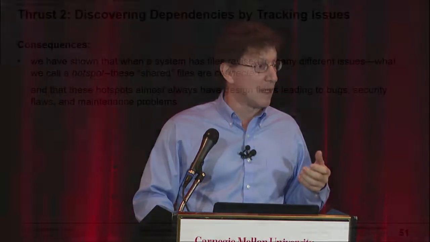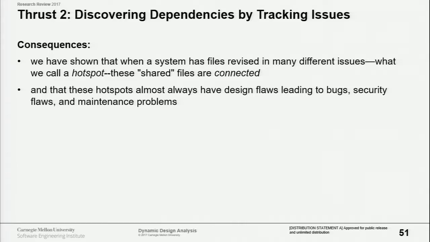They have structural flaws. And those flaws lead with very high correlation to bugs, security vulnerabilities, and high cost, high rates of change, a lot of effort to fix these bugs. Hence, this is a mechanism that allows us to isolate and identify these areas that should be analyzed and refactored.